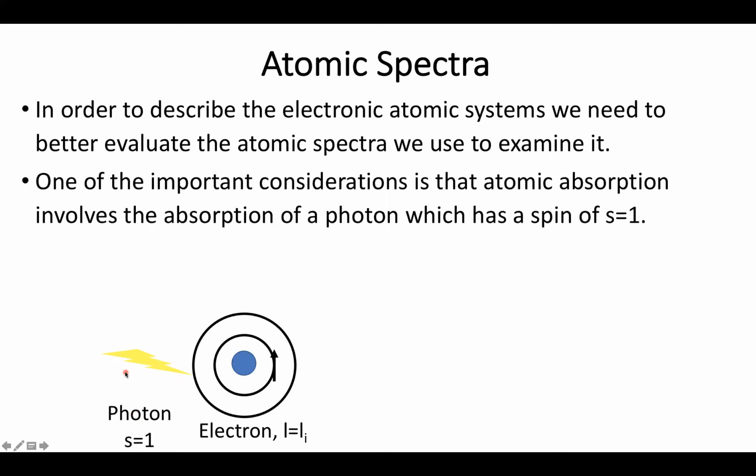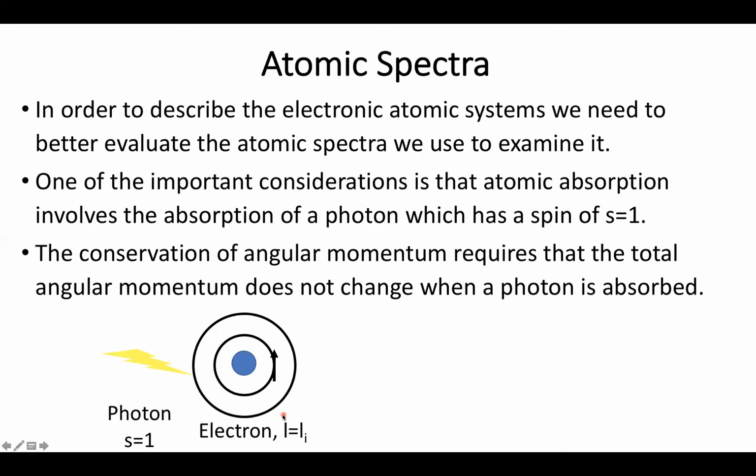Well, it turns out that if a photon has a spin, that means it also has an angular momentum. And so does an electron, both in terms of the orbital angular momentum and the actual angular momentum of the electron itself. But just like we have a conservation of energy, we also have to have a conservation of angular momentum.